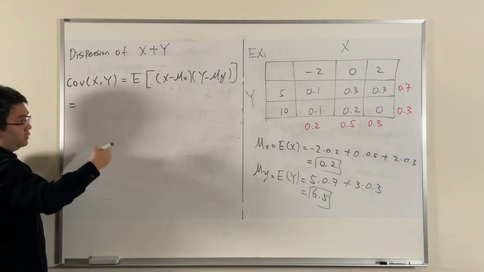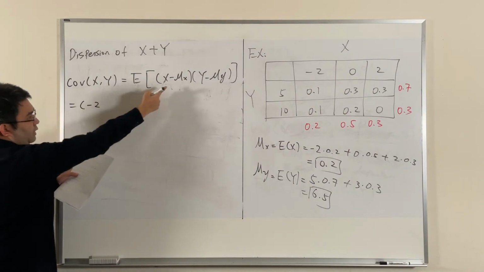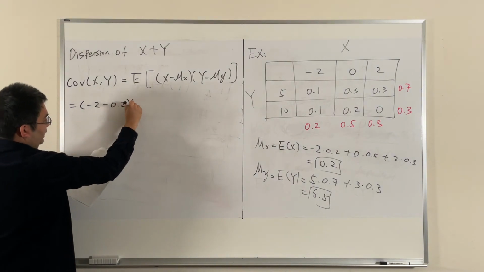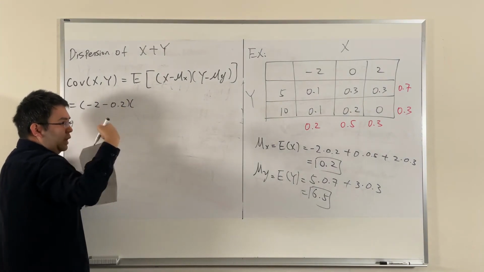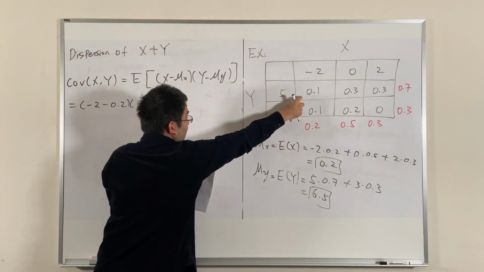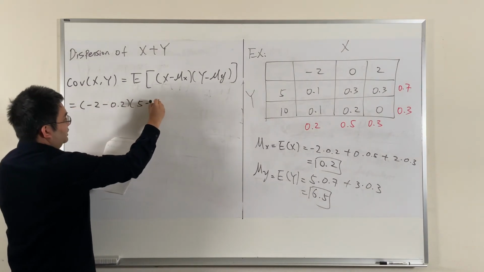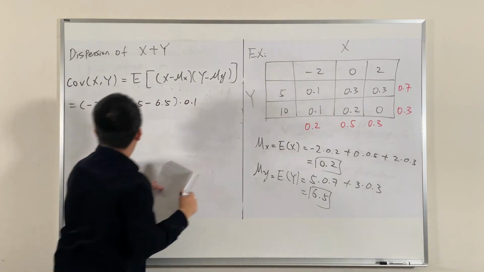The first combination is -2 minus 0.2, times 5 minus 6.5, times 0.1, the joint probability.